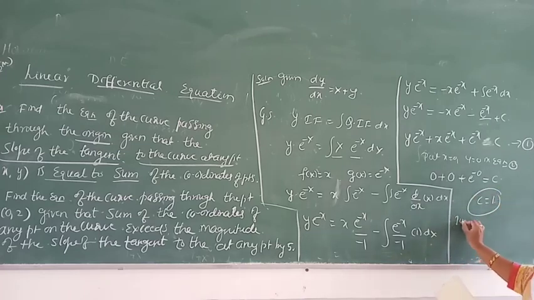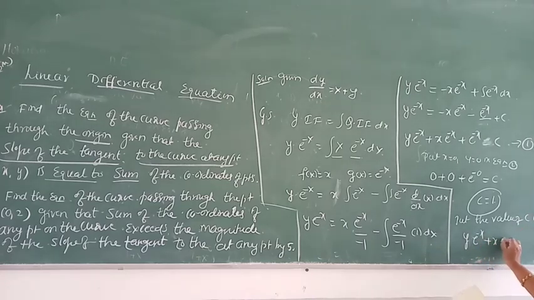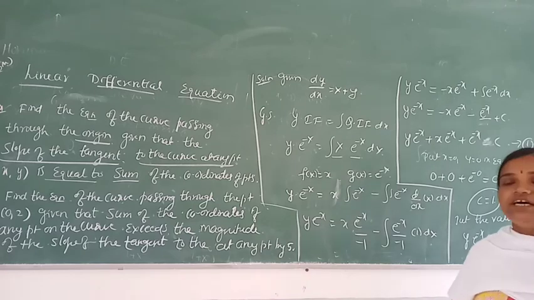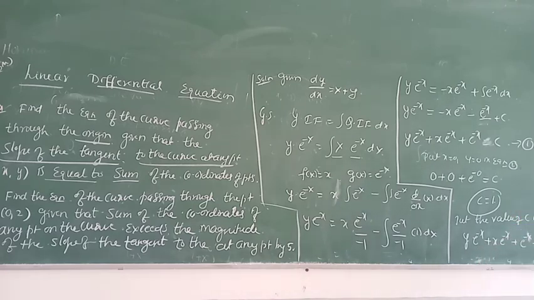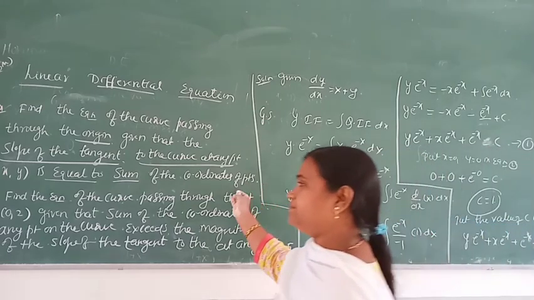Put the value of c in equation 1. We get y e^(-x) plus x e^(-x) plus e^(-x) equal to 1. This is the particular solution of the given example.